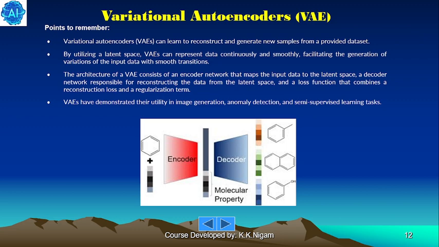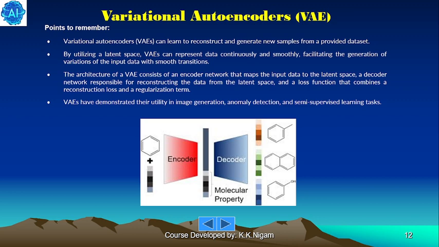Points to remember. A variational autoencoder can learn to reconstruct and generate new samples from a provided dataset. By utilizing a latent space, VAEs can represent data continuously and smoothly, facilitating the generation of variations of the input data with smooth transitions.